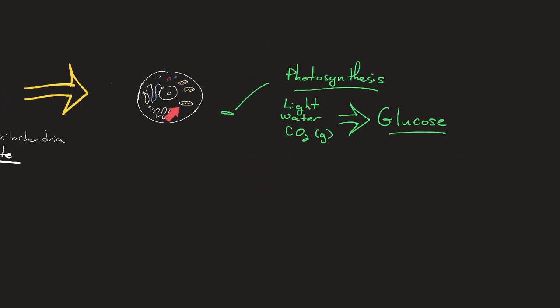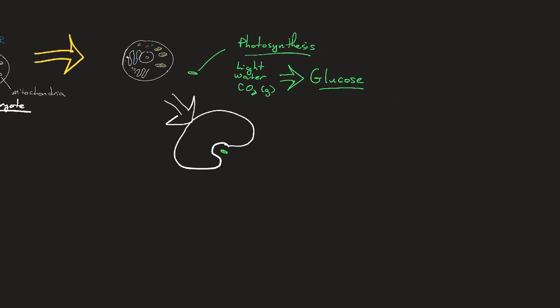This cell couldn't do that. This cell has to eat. To get energy, to get sugar, this thing has to eat stuff that can make sugar. This guy can make sugar. So through phagocytosis, we know what happens. I just drew it all out for you, but I'll do it one time here. I'm not going to add all the organelles if you don't mind. The big cell eats the little cell.